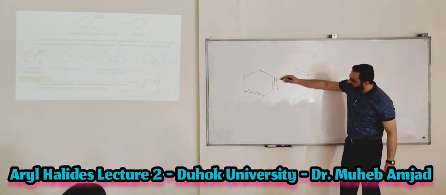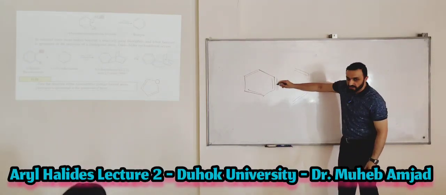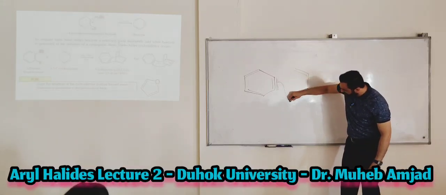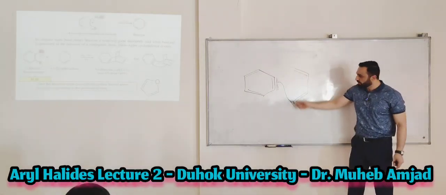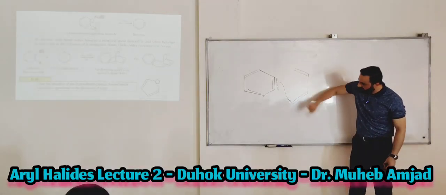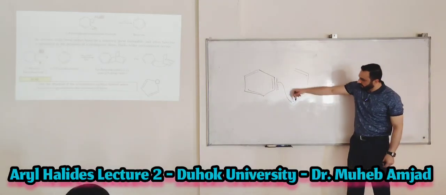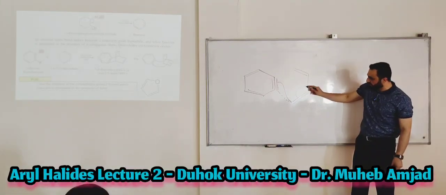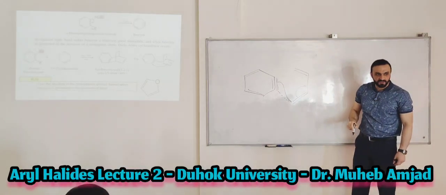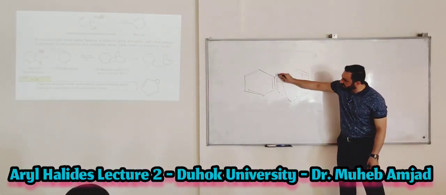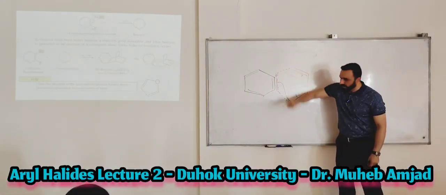Look. This pi bond, the triple bond's pi bond, opens and attacks this carbon, giving you a new bond here. This pi bond is converted to here. And this pi bond opens to attack this carbon, giving you a new bond here.